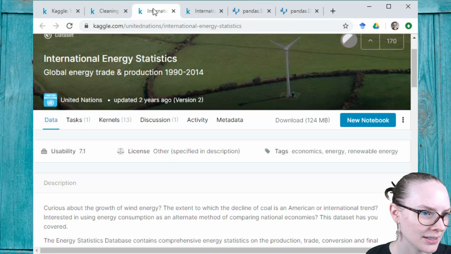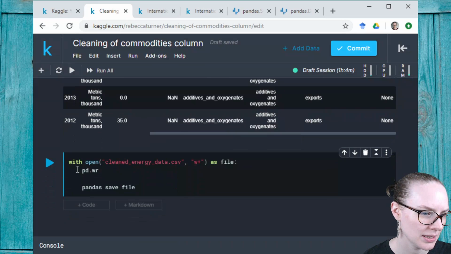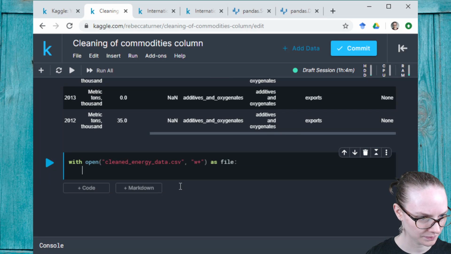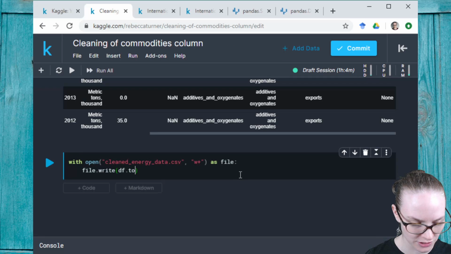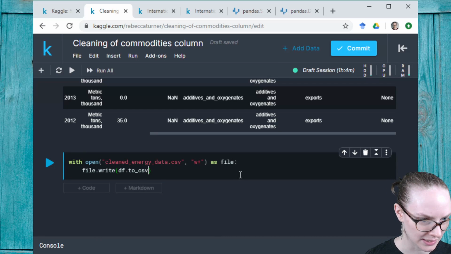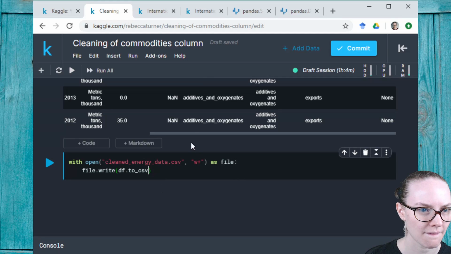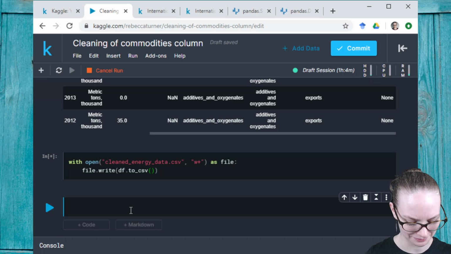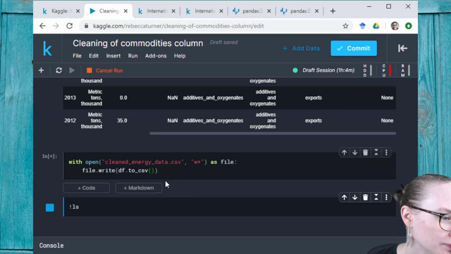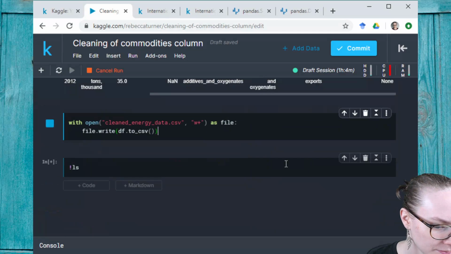All right, so file.write, and then our data frame is df.to_csv. I think that'll work. Just a little quick peek. And it's a pretty big file, so it might take a second.